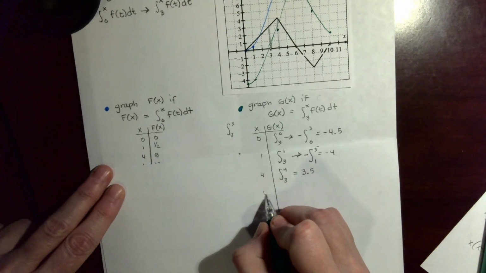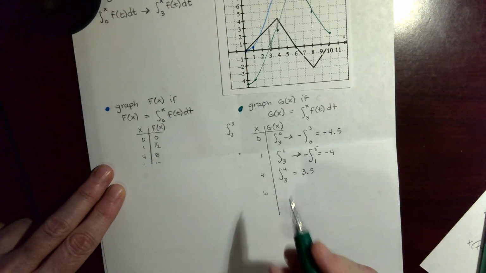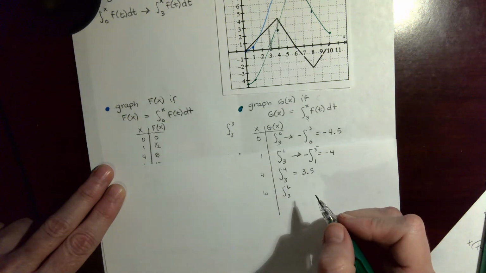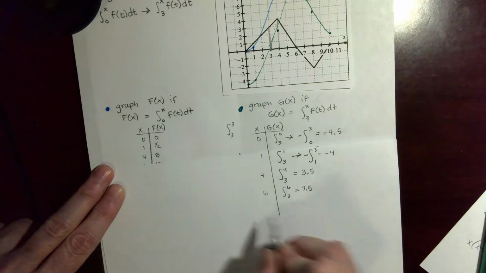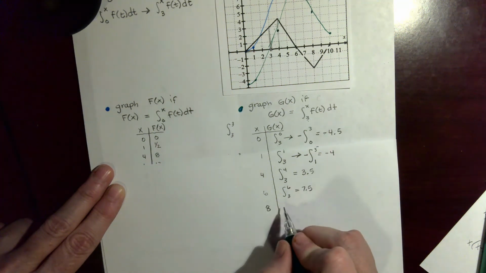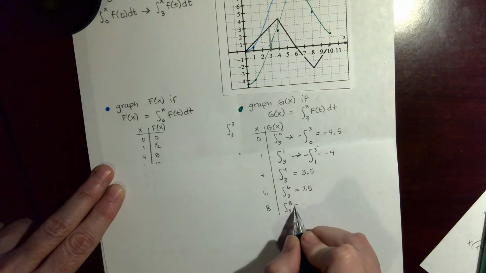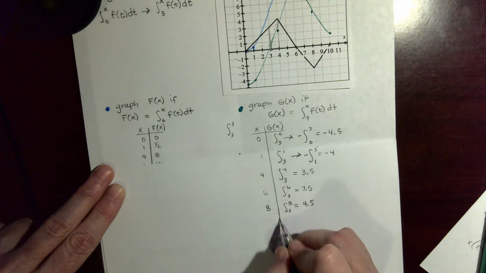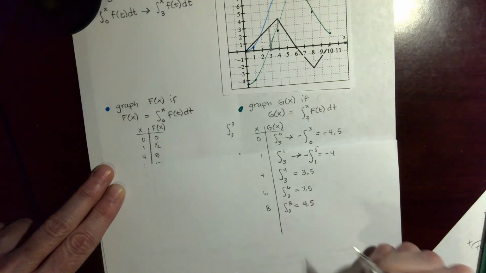It's just an important little spot. Okay, 6, and that is going to be 7. 8. So we see that we're okay drawn out.